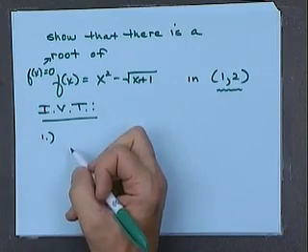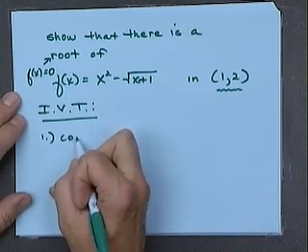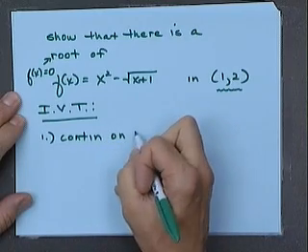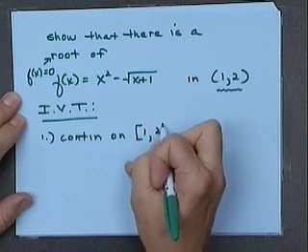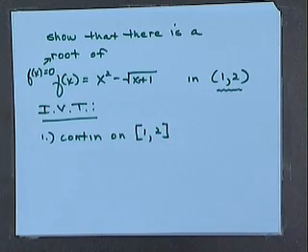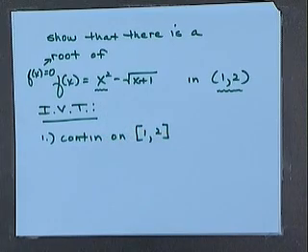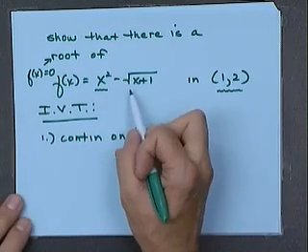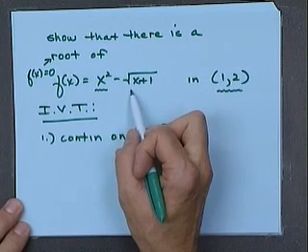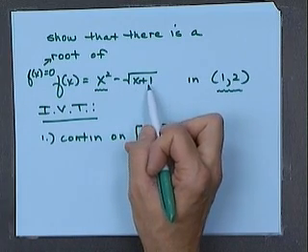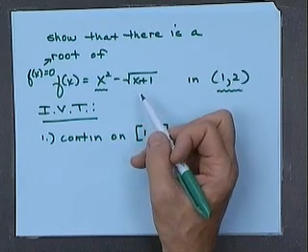Well, first step, is it continuous? Is there any reason to believe that when you square something, it's going to cause any discontinuity? This has a bad value, but are we close to that bad value? The bad value here would be -1, and putting in values to the left of that would create a problem.